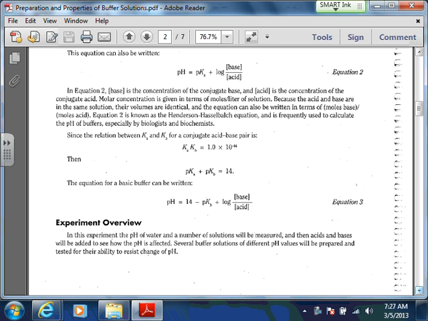You can get to this by writing the conjugate expression for a weak base equation. If you have a basic buffer, then you can use this equation, and they've just rearranged this so that you've got 14 minus the pKb plus the log of the base concentration over the acid concentration.